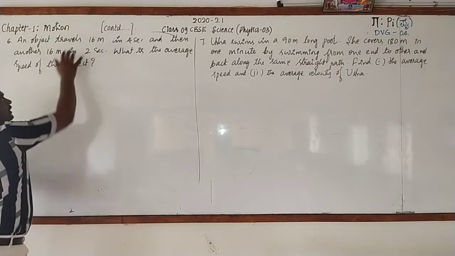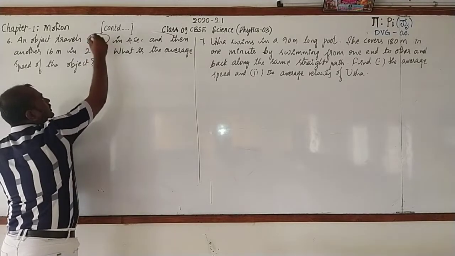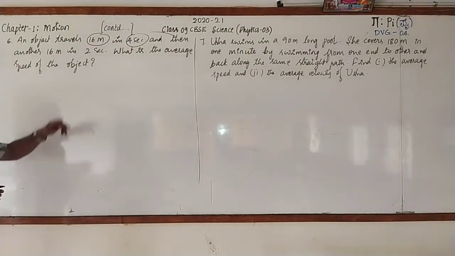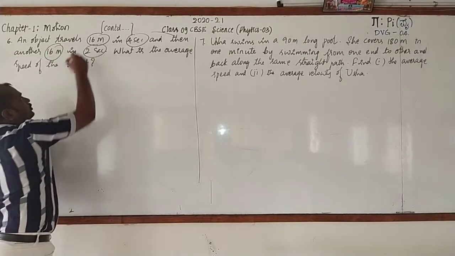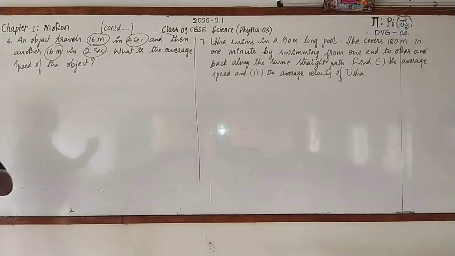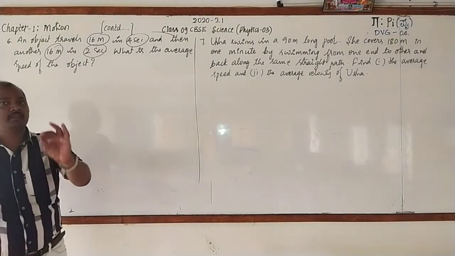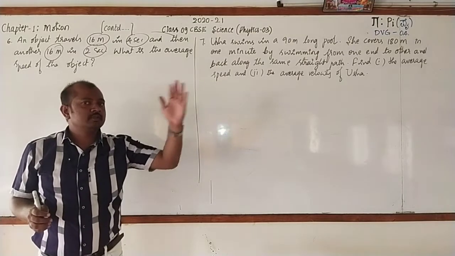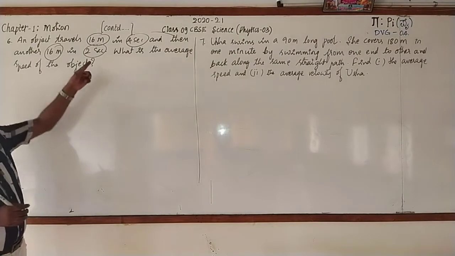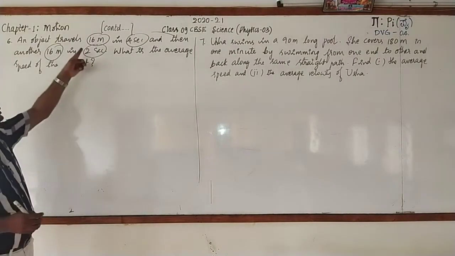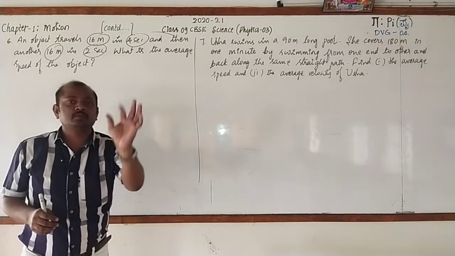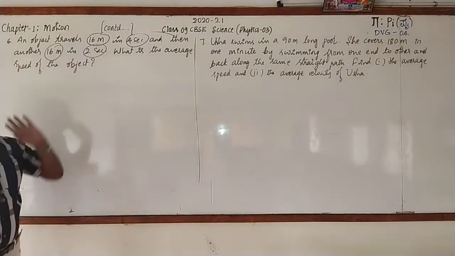An object travels 16 meter in 4 seconds, and then another 16 meter in 2 seconds. What is the average speed of the object? Here the object is covering the same distances. Do you say that in same intervals of time? No. Why? In the first case, it has taken 4 seconds to cover 16 meter. In the second case, it has taken just 2 seconds to cover the same distance.